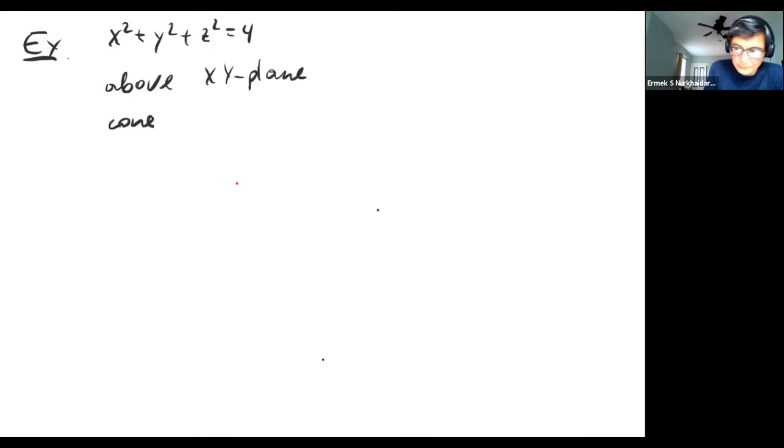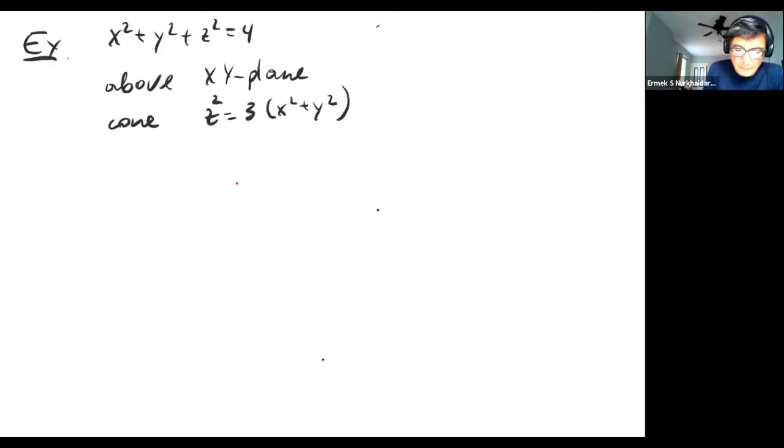So we have a sphere. We want to stay above the xy plane. And also we have a cone, z squared equals 3 times x squared plus y squared.